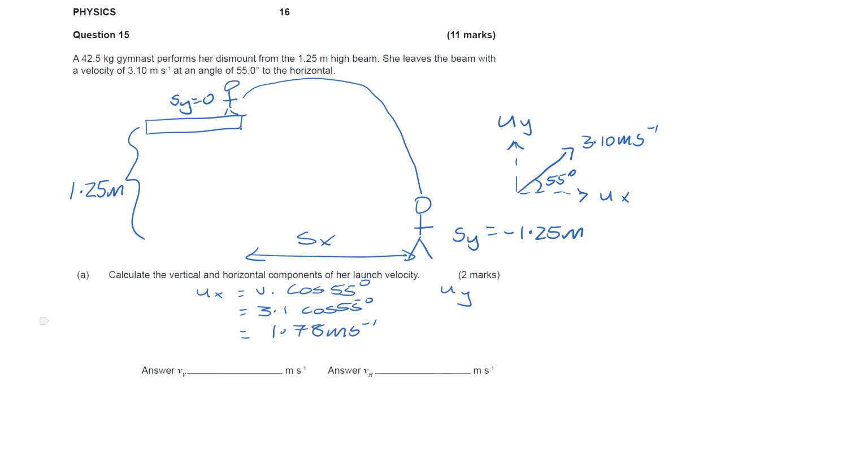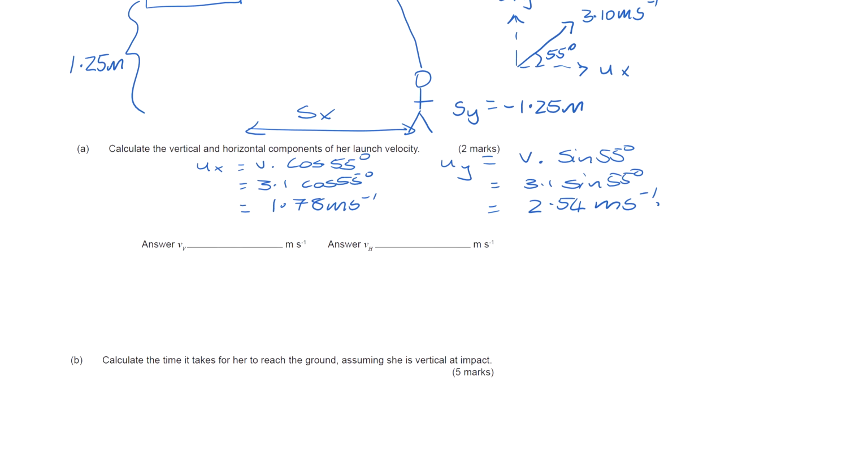Then UY is equal to U times the sine of 55 degrees, 3.1 sine 55, and that gives me 2.54 meters per second. So nice and quick, very straightforward.